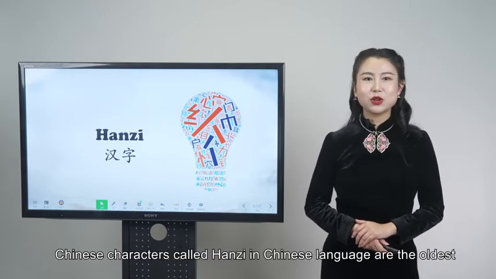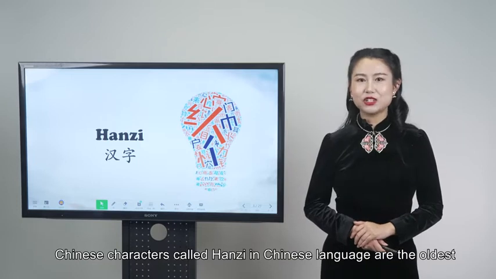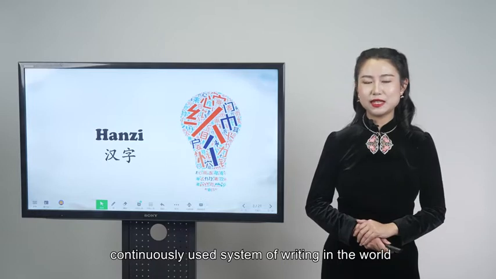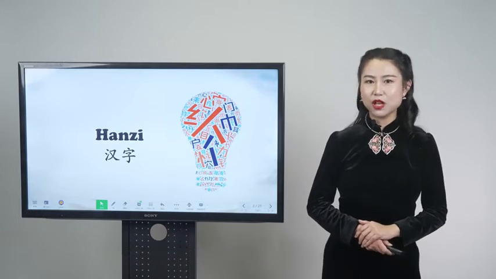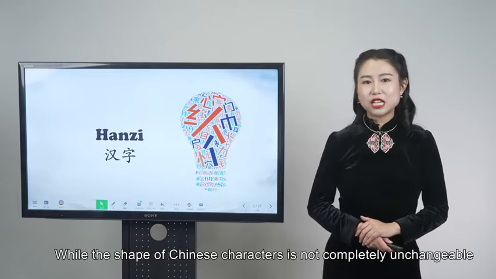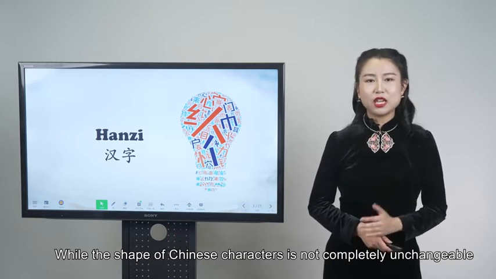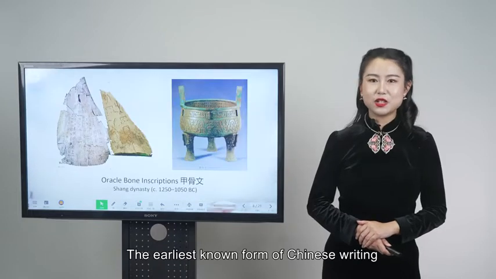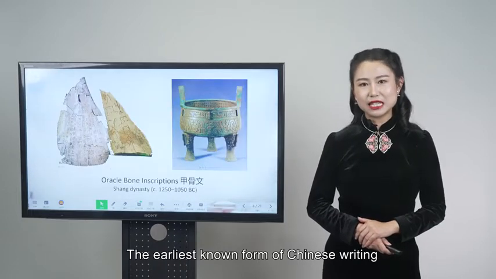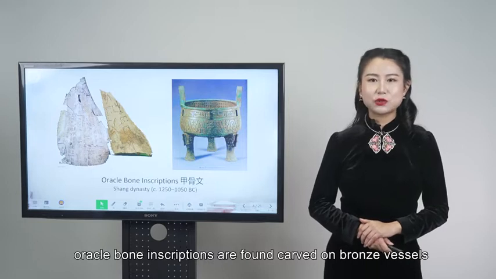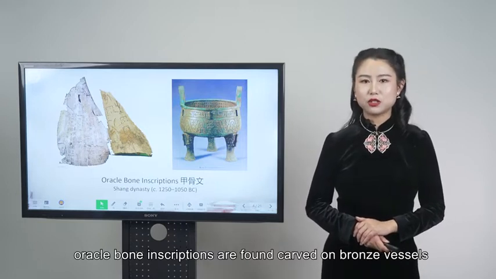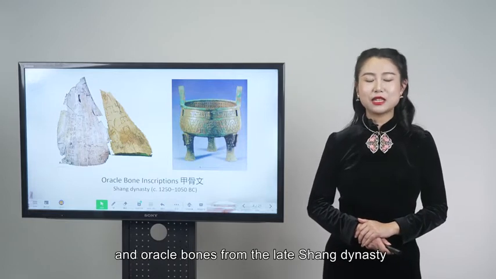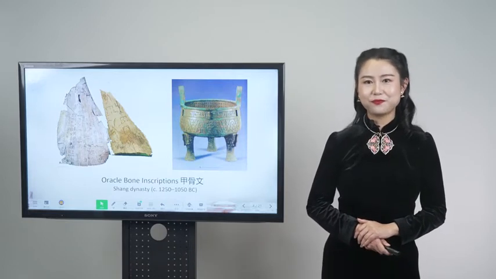Chinese characters, called Hanzi in the Chinese language, are the oldest continuously used system of writing in the world. While the shape of Chinese characters is not completely unchangeable, the earliest known form of Chinese writing, oracle bone inscriptions, are found carved on bronze vessels and oracle bones from the late Shang dynasty.